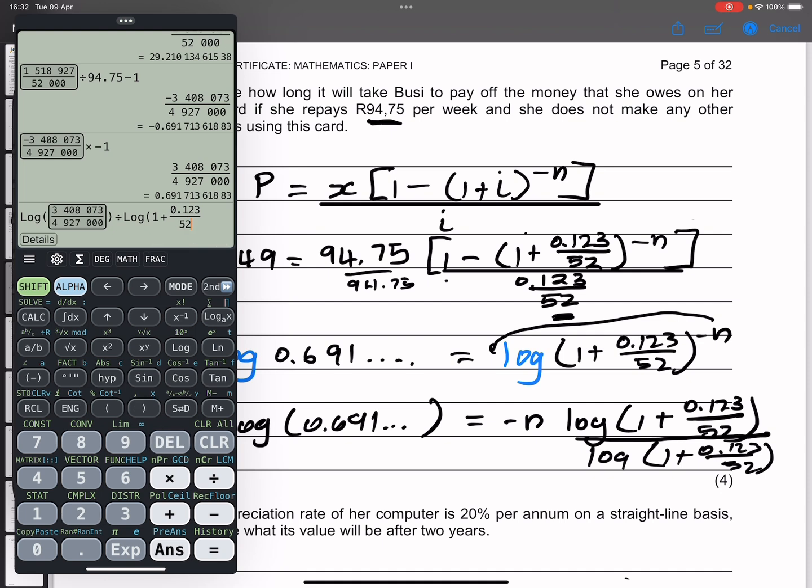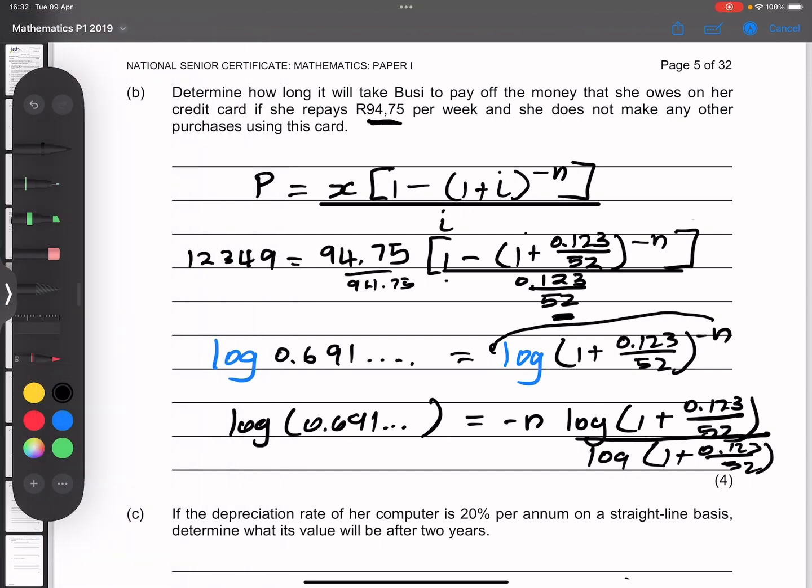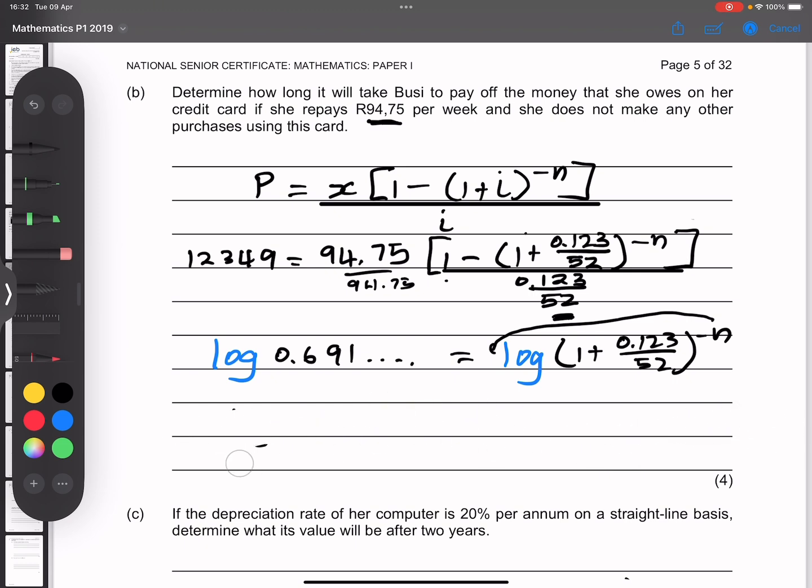And what is my final answer, ladies and gents? I get a final answer of 156. I had written a lot of things here which were really unnecessary, so let me just make some space. So I got a value of n is equal to 156.